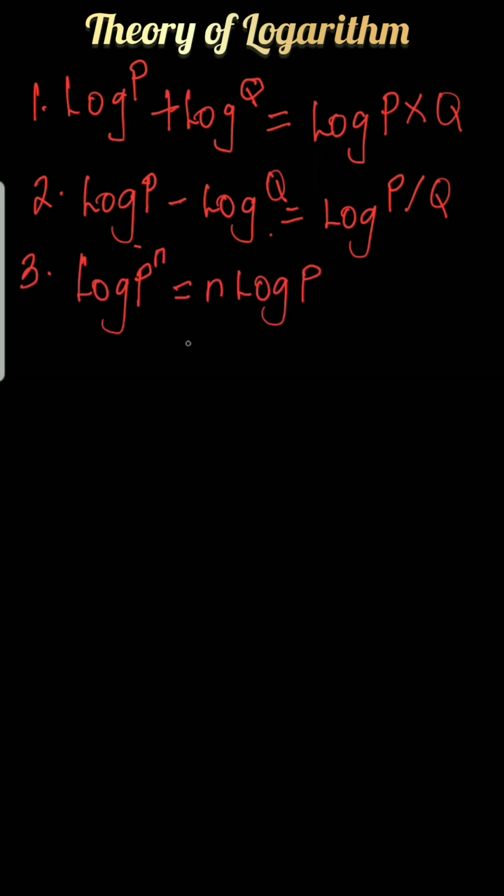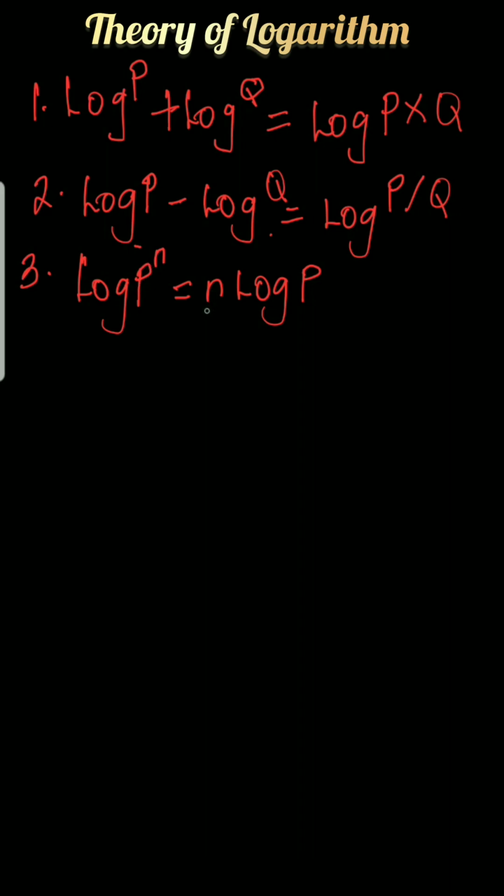The next law I want to talk about is log p raised to the power of n is expressed as n log p. That is, when we have the logarithm of a number where the number has a power, it could be expressed as the power is taken to the back. The power of the number here is n.